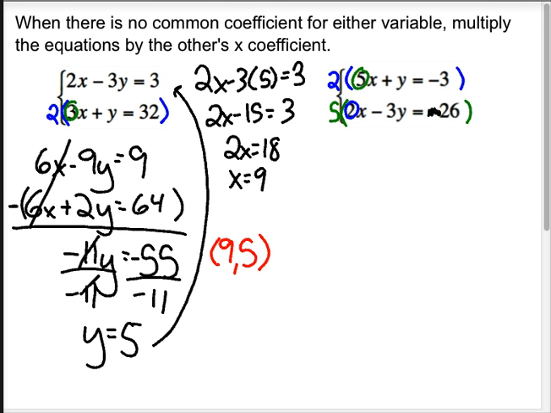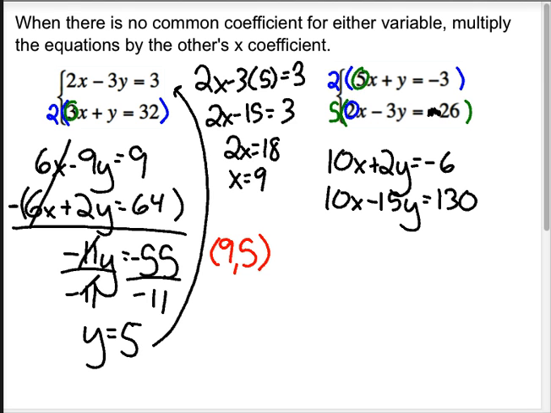And then my x's will line up and be able to be canceled. So that gives me 10x plus 2y equals negative 6. 10x minus 15y equals 130.